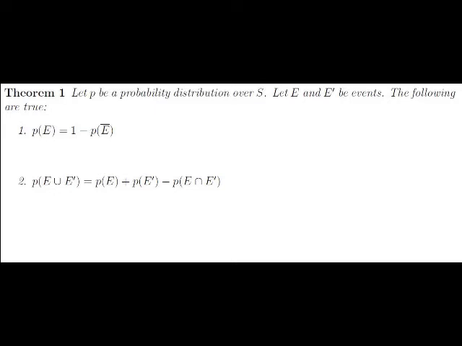And the second one is probability of E union E prime is equal to probability of E plus probability of E prime minus probability of E intersection E prime. That can also be proven using the inclusion-exclusion principle from set theory.